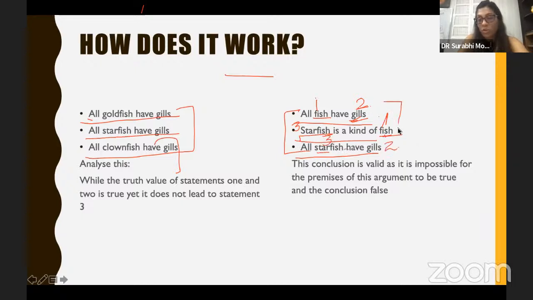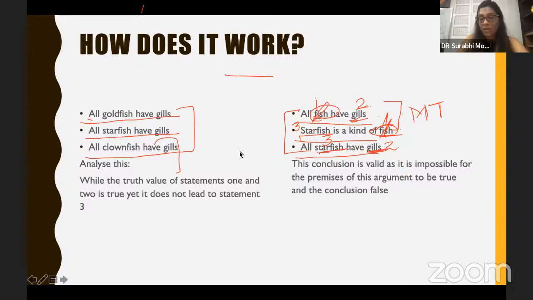So in the first two statements, how many have we used? We have used 1, 2, 3, and one term has been used twice. The term which is used twice is known as a middle term. And then the middle term gets removed and the conclusion is drawn on the other two terms.